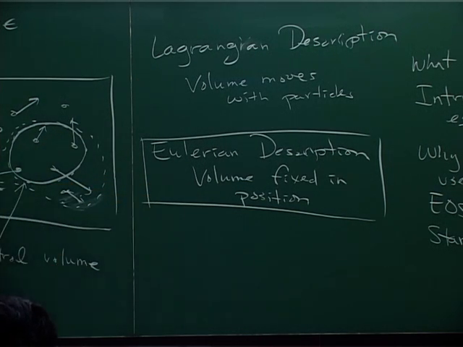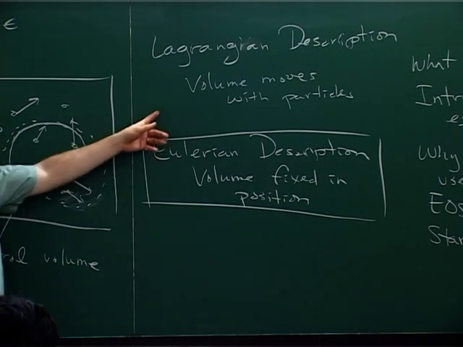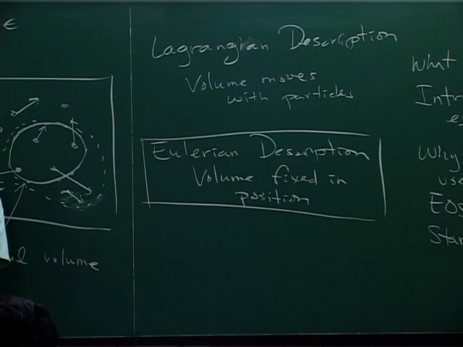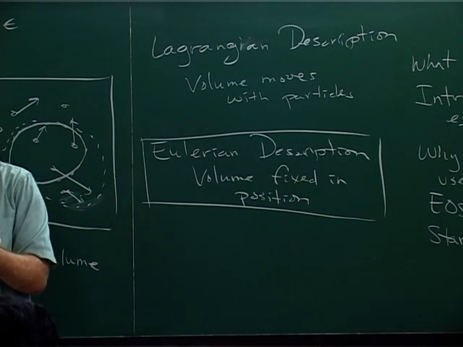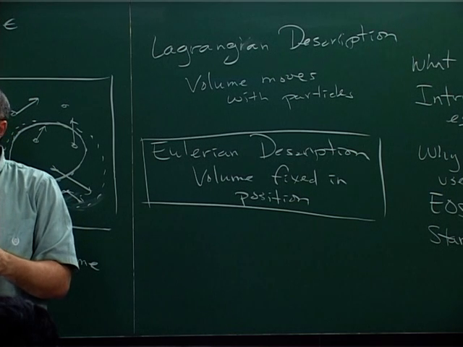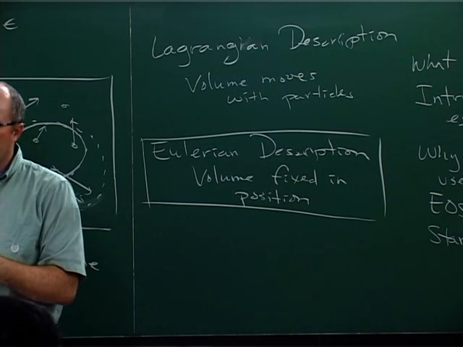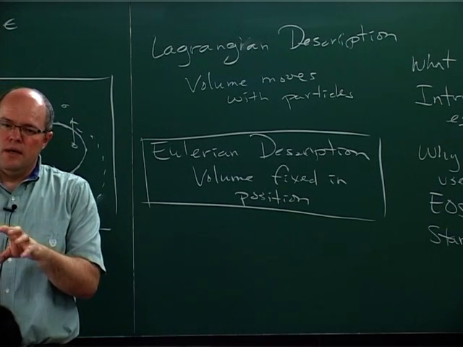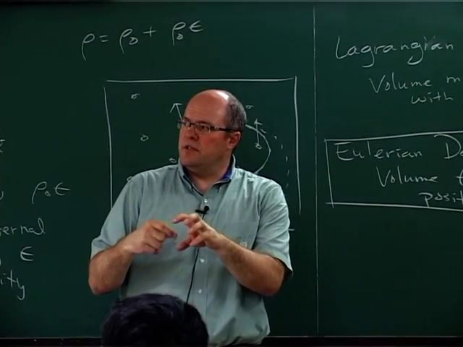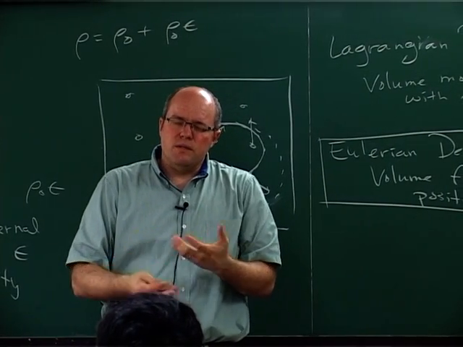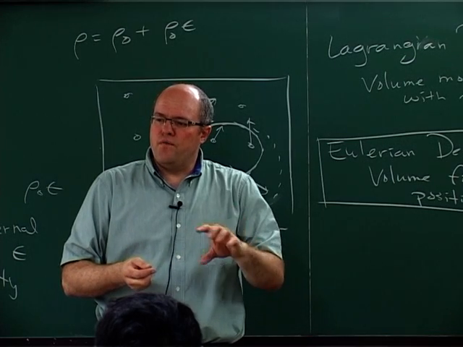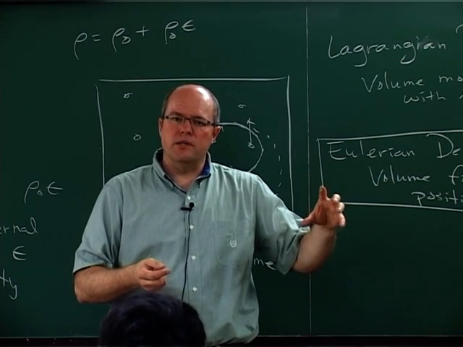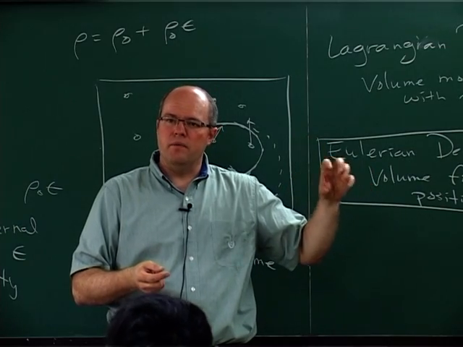In research level relativistic hydrodynamics, both of them are used. The nice thing about the Lagrangian description is that if you have very fine features, so you have a very strong relativistic shock, it's maybe generating some turbulence, maybe I'm modeling a shock going through the interstellar medium or through an accretion disk, sometimes the Lagrangian description is useful because it gives me a nice way to have the grid refined to where things are interesting in the fluid, because I always keep the same number of fluid particles in a cell.